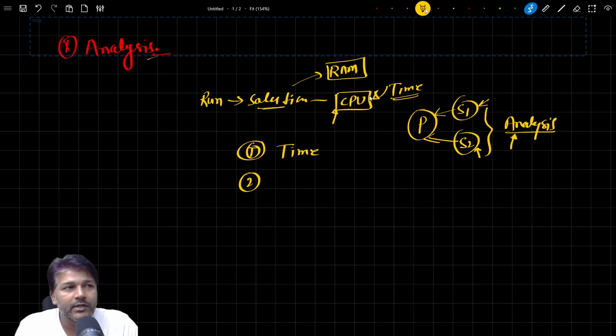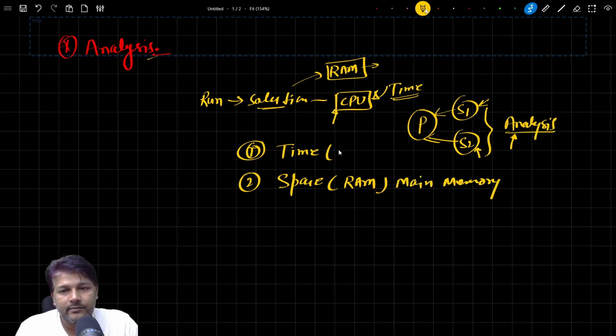So that means again it is going to consume some resource of the system, and because RAM is limited, right? So another parameter is going to be space, that is RAM, or you can say main memory, and time, that means CPU time, right? So these are two possible parameters on which we are going to analyze the algorithms.